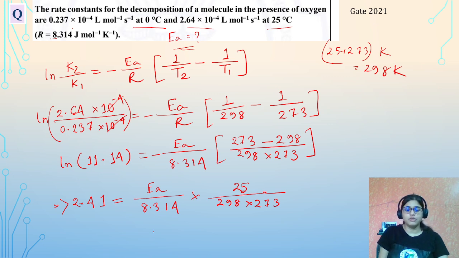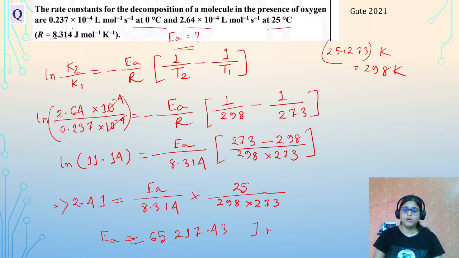So now you solve this. EA will be approximately 65000 joule per mole.